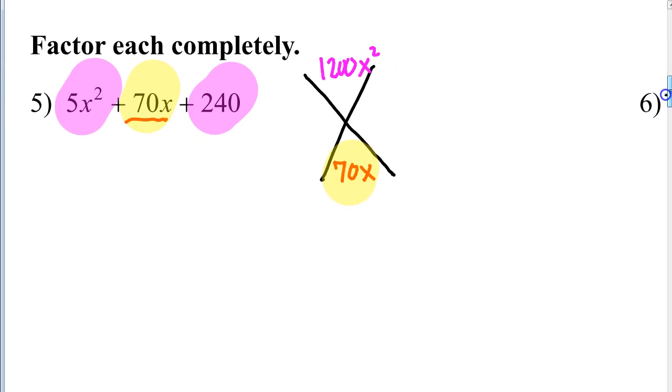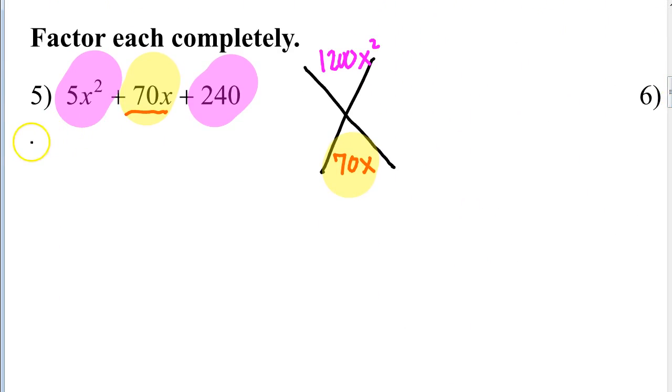Same thing here. Can you take out a GCF? Yeah, so do that first. And then all of a sudden, life becomes a lot easier. So we get x squared plus 14x. And use the calculator, 240 divided by 5 will be 48.